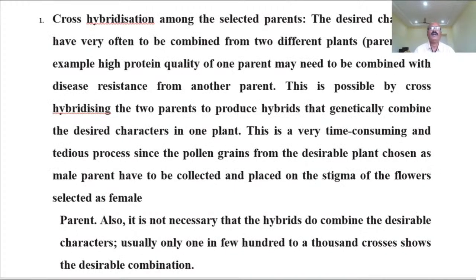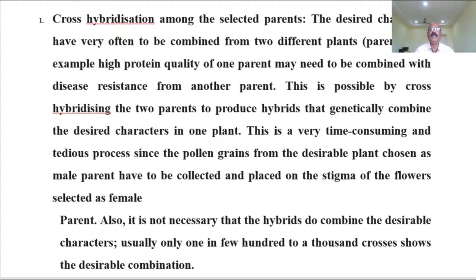Cross hybridization among the selected parents. The desired characters have very often to be combined from two different plants, that means parents. For example, high protein quality of one parent may need to be combined with disease resistance from another parent. This is possible by cross hybridizing the two parents to produce hybrids that genetically combine the desired characters in one plant.